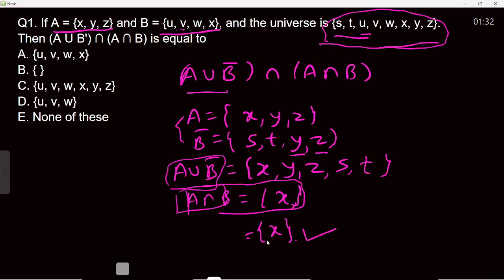Now we will check the options. Option A is wrong, B is wrong, C is wrong, D is also wrong. So the 100% correct answer is none of these. Many times in these PYQs we will see that none of these options is correct. So this was a very simple question based on set theory.